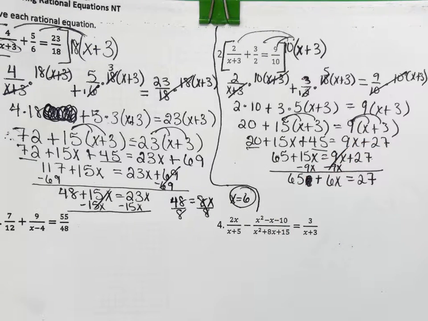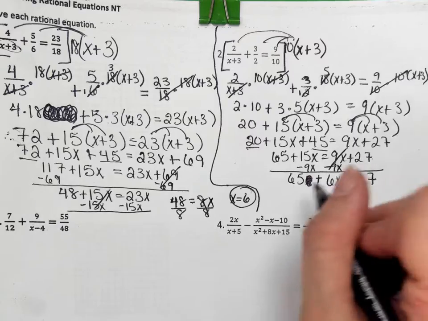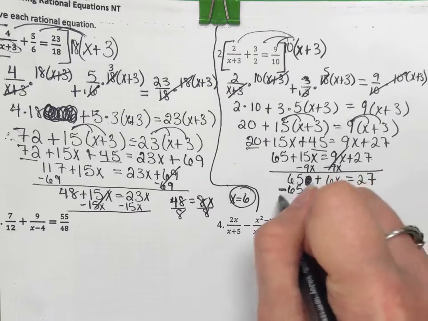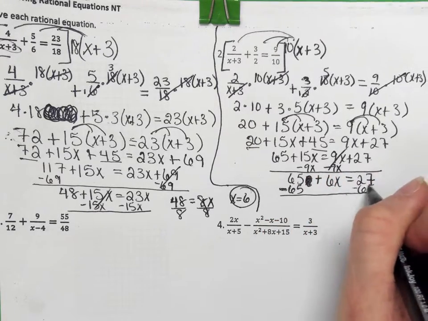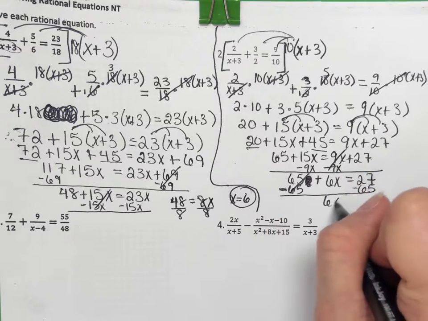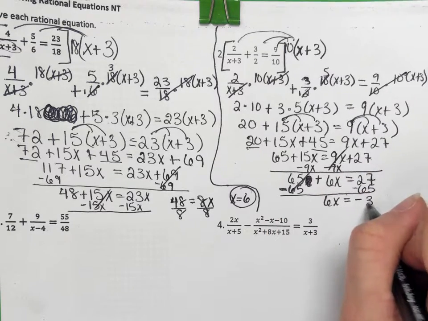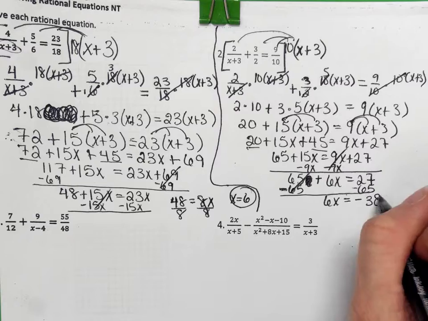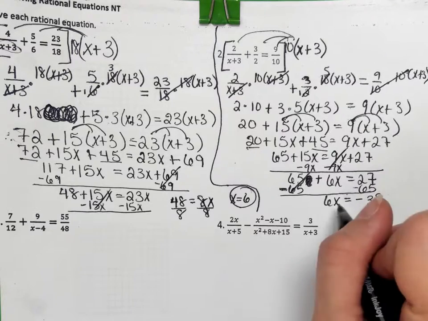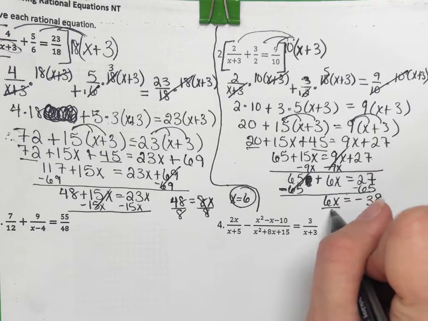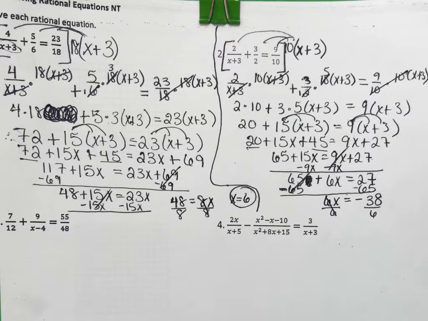Alright, and then I can move the 65. How can I move the 65? Subtract it. And what's 27 minus 65? Negative 38. And that's not going to divide evenly. Is that a good decimal? Is 38 divided by 6 a good decimal?